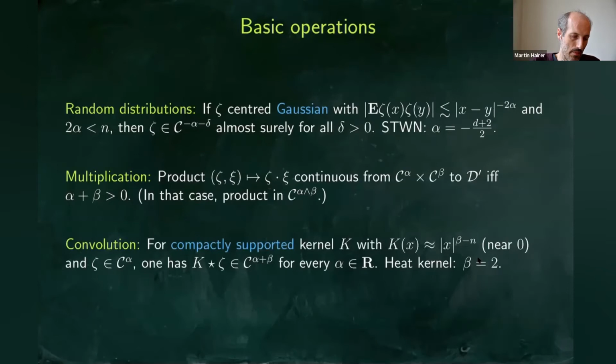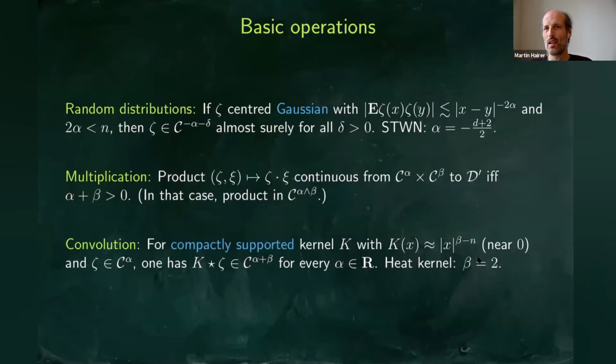Now, on the other hand, one thing you can always do is take convolutions. Taking convolutions is not a problem. There's a problem with the behavior at infinity, so you have to make sure things are integrable at infinity. But for example, if you take a compactly supported kernel K, even if K is very badly behaved, it can even be a distribution.